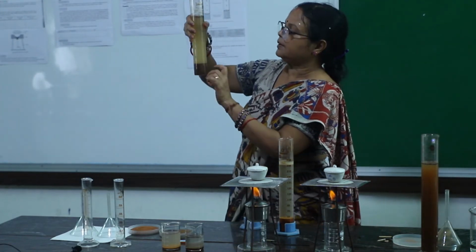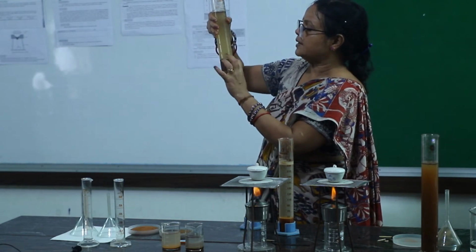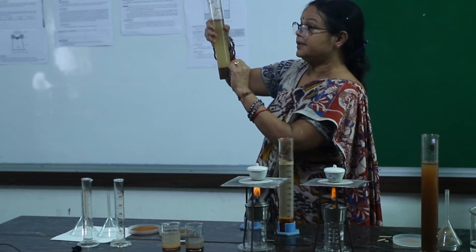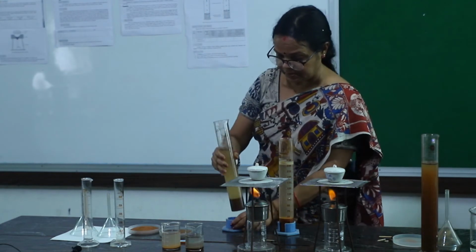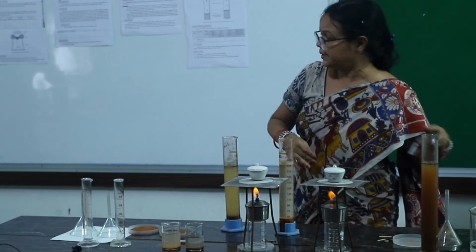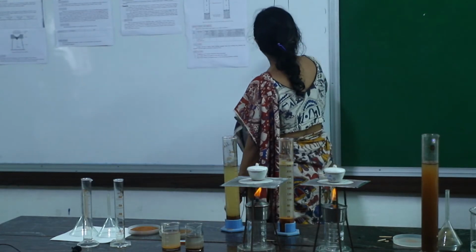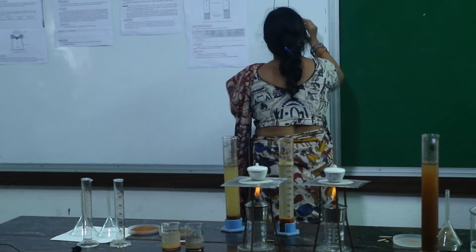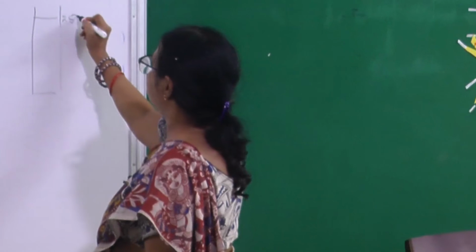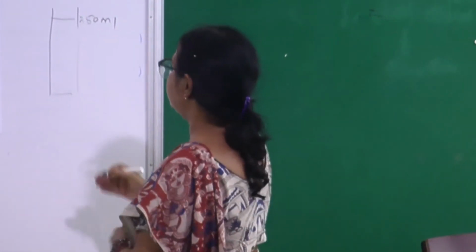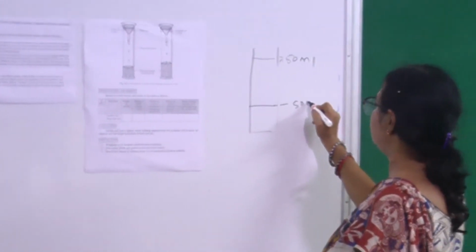Then you have to find out the total volume of soil settled down, and how much sand, how much silt and how much clay settled down. Suppose this is the measuring cylinder with 250 milliliter volume, and the total amount of soil settled is 50 milliliter.